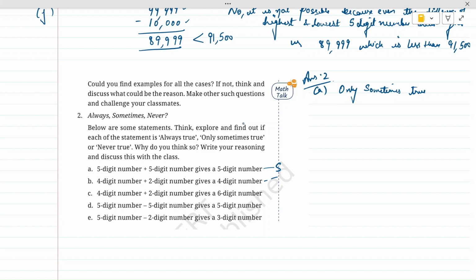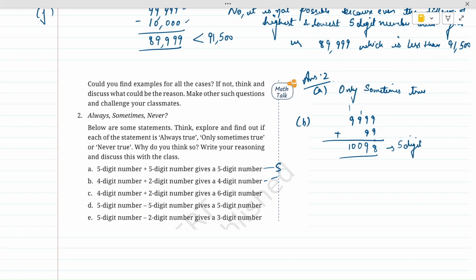So kids, we have a scenario here where I am having a 4-digit number and I am adding a 2-digit number to it. So let's see what we get. 9 plus 9, 18; 9 plus 9, 18 plus 1, 19; 9 plus 1, 10; 9 plus 1, 10. And this is a 5-digit number.